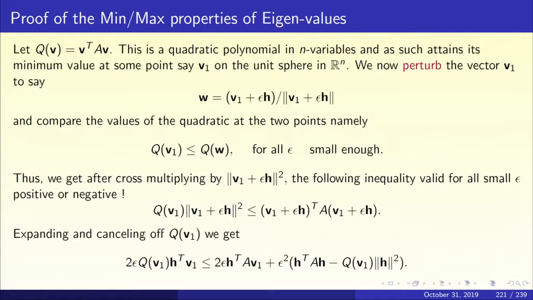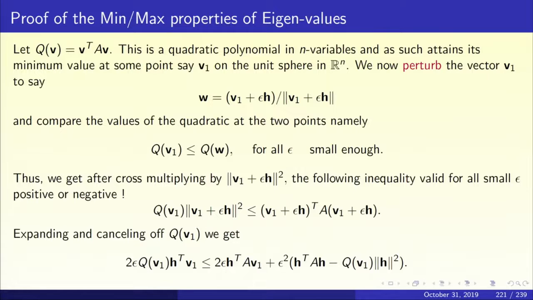It is here that the symmetry is being used. And so V1 transpose A h is the same as h transpose A V1. And these two terms combine to give you 2 epsilon h transpose A V1. So let us bring the epsilon terms together.